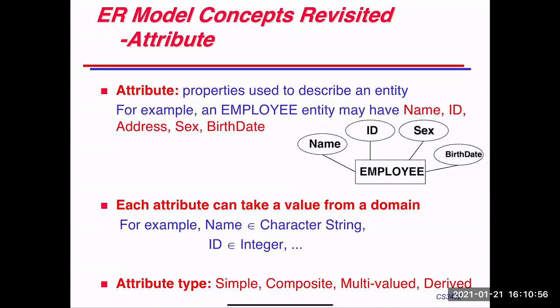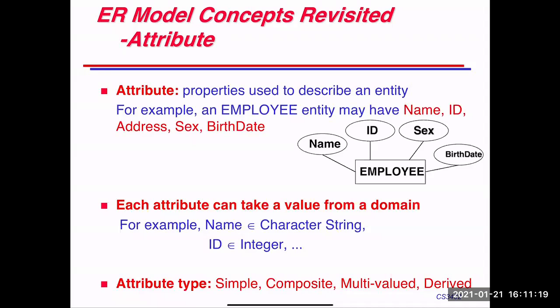Okay, and we can have different attribute types. An attribute can be simple or atomic, meaning it's just some value, or it could be a composite attribute that consists of multiple simple or also composite attributes. We also talked about multi-valued attributes, meaning an entity can have multiple values for that same attribute.